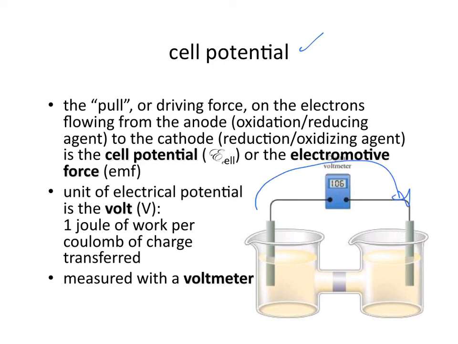So that driving force, that flow of electrons, is the cell potential, or sometimes called the electromotive force. The unit of electrical potential is measured in volts, and you guys have seen this type of measurement before. And it corresponds to a joule of work per coulomb of charge transferred. And we're going to look at how to do calculations with this later.